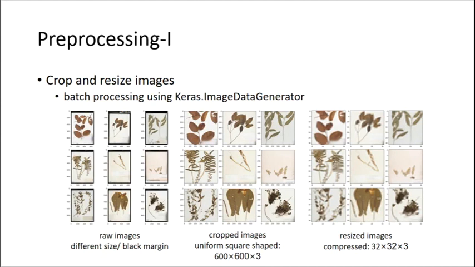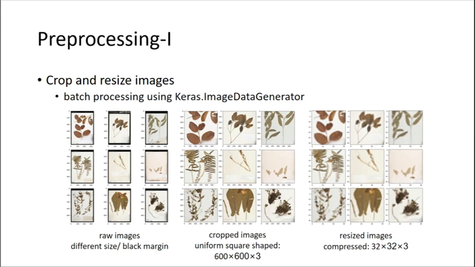Before we started to train any models, we needed to pre-process the dataset. Firstly, we took a look at the raw images from the original herbarium dataset. We found they have different sizes, and they also contain black margins, which do not have much information that can help us to predict the final categories.